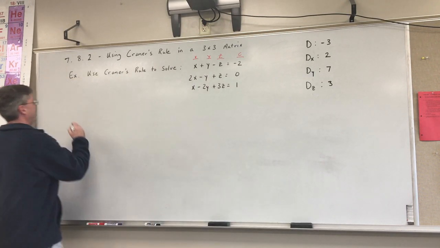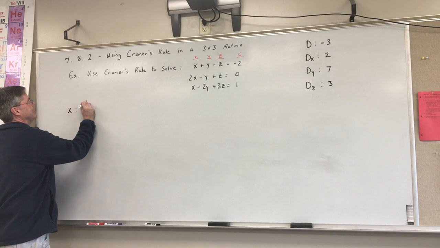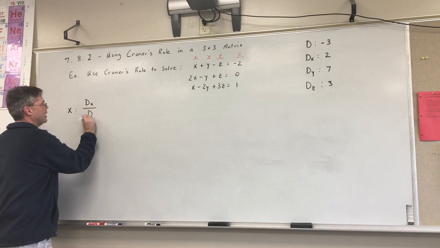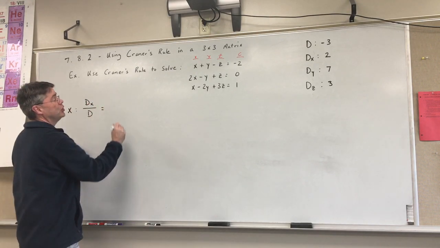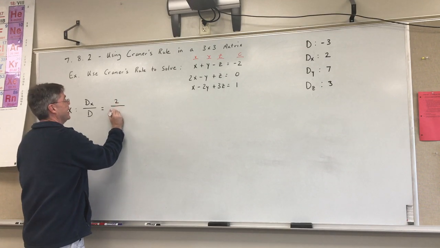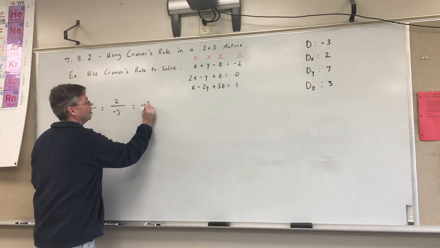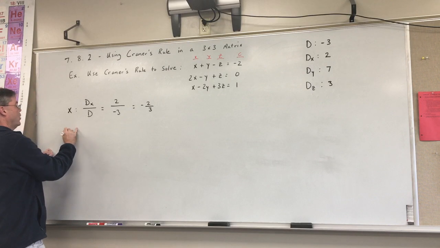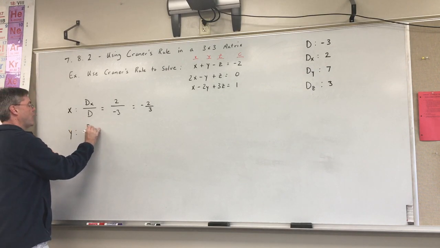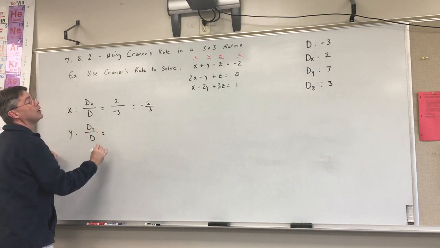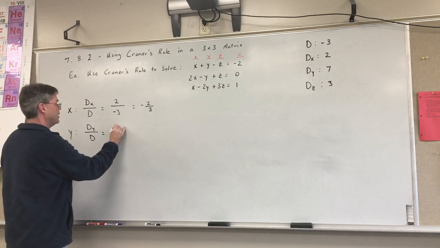So we know that x is going to be d sub x over d. D sub x is 2. D is negative 3, so that's negative 2/3. Y is d sub y over d. D sub y is 7.